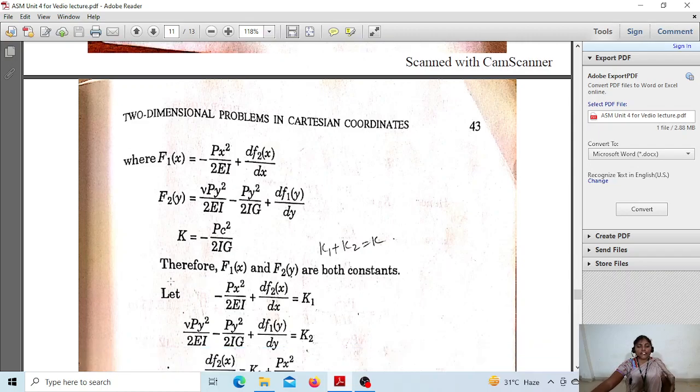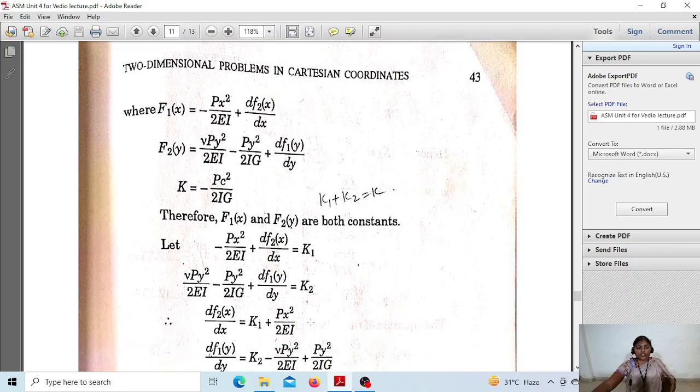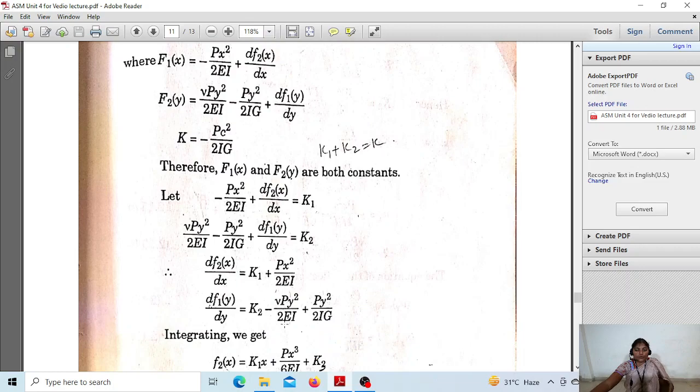Now let the function f1 of y be equal to k1 and the function f2 of x be equal to k2. If you take df2 of x by dx, it is k1 plus px square by 2EI.